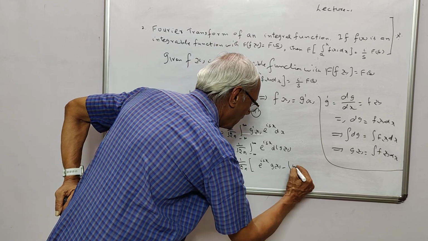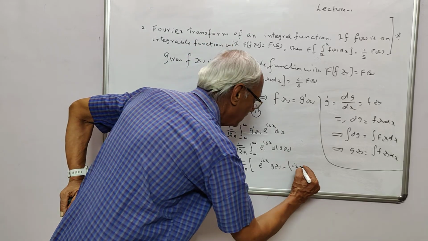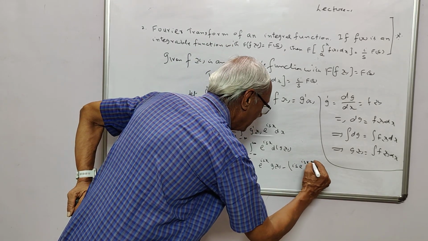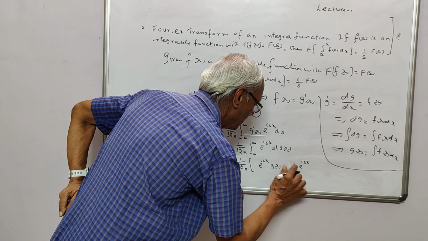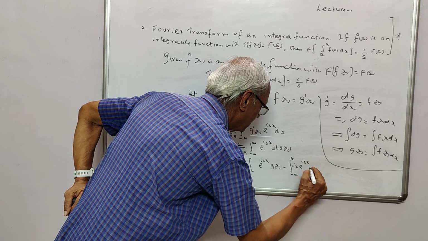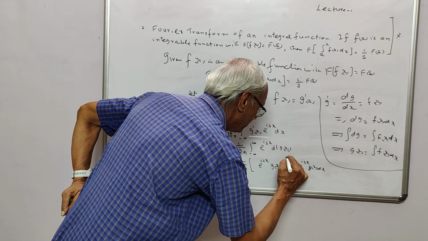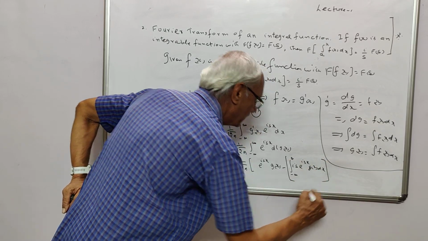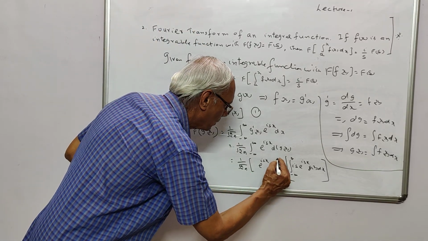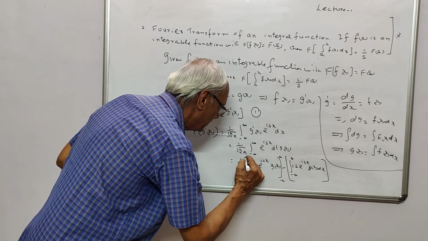If you differentiate this with respect to x, it is is into e to the power of isx, into the integral from minus infinity to plus infinity of g of x into dx. Can you catch what I am writing on the board? So you call this minus infinity to plus infinity.